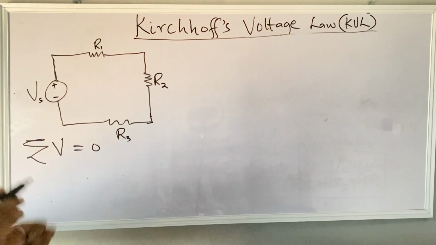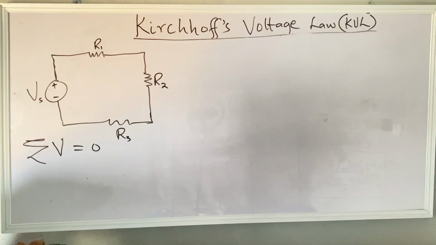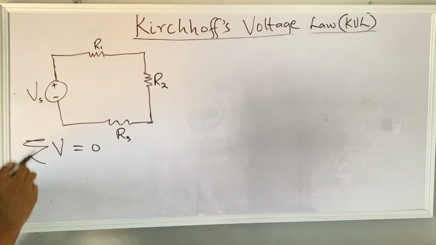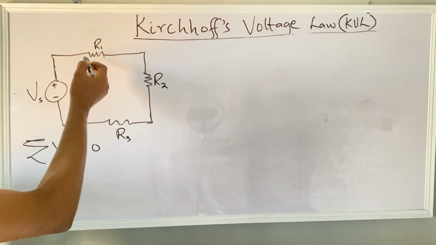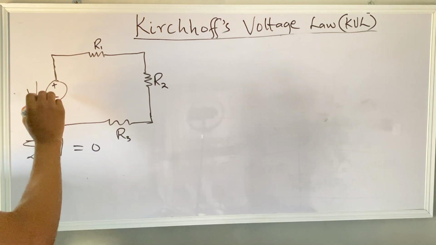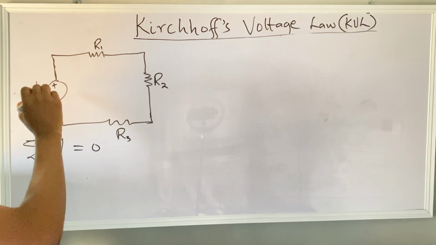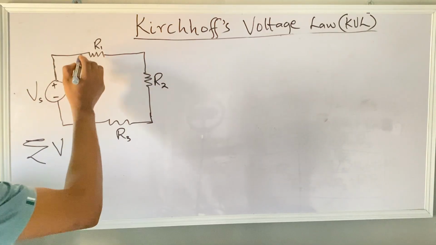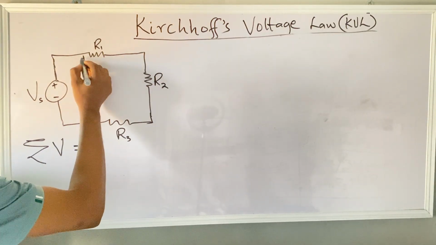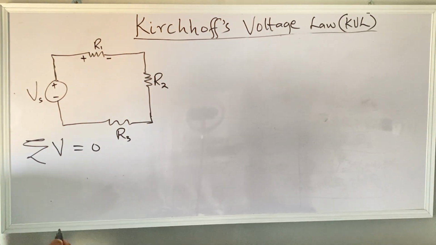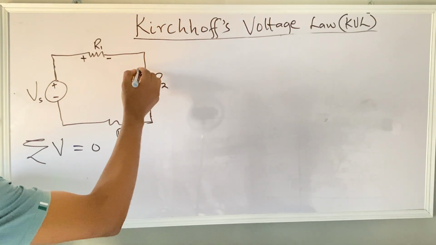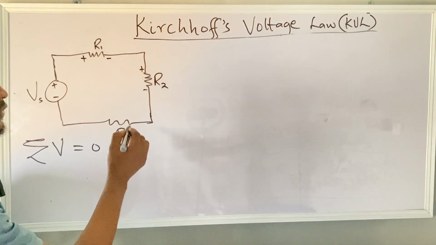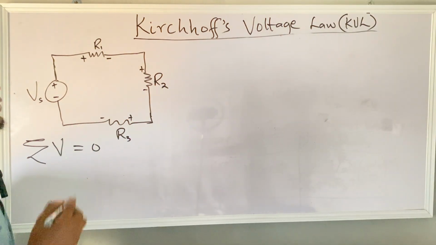What you need to know in Kirchhoff's voltage law is that the side of the resistor that is closer to the positive side of the voltage source must be the positive end of the resistor. So we have here positive and here negative. So this continues positive, negative, positive, negative.